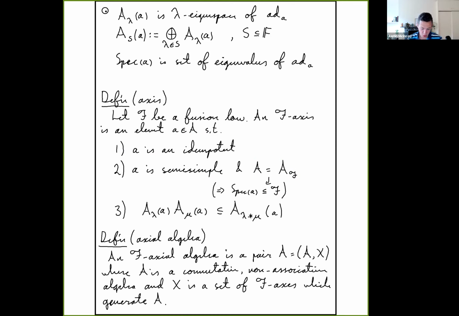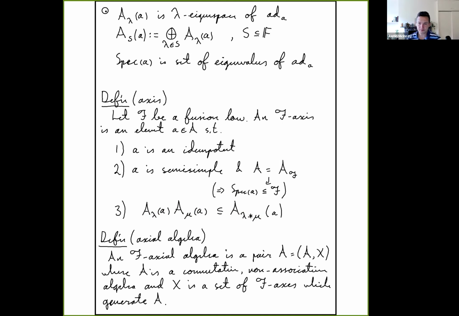And finally, I want my multiplication to satisfy my fusion law. So what I mean by that is that when I have a lambda eigenvector and a mu eigenvector for some axis a, then the product of those two things should lie in the sum of all of the eigenspaces which correspond to lambda star mu in the fusion law.